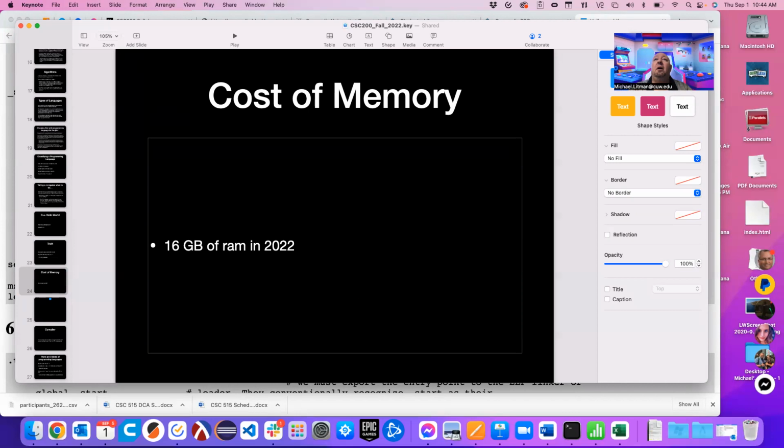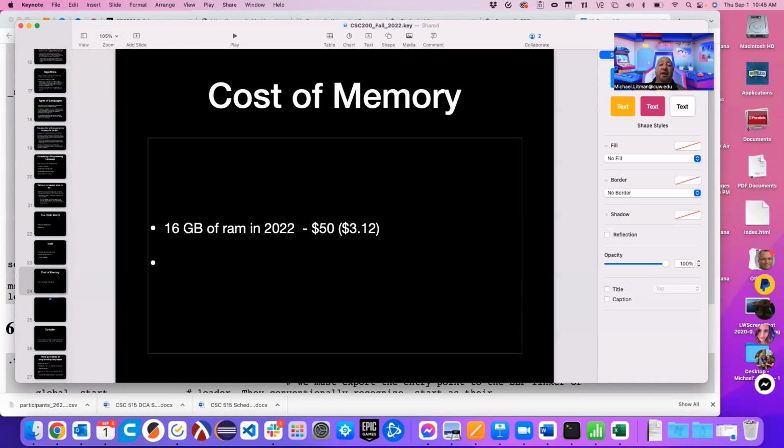So this was $50, and you said this was $3.12 per gigabyte. Okay, and that's in 2022.